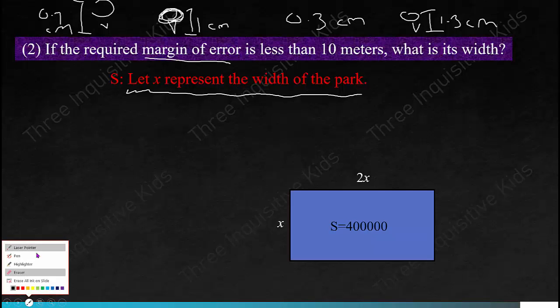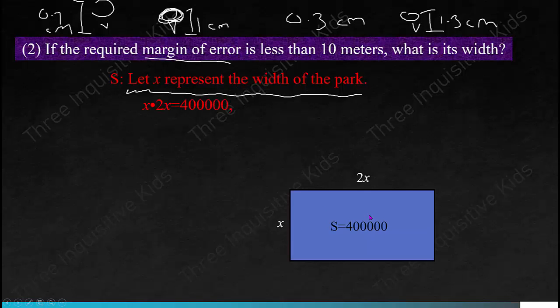Okay, so if we look at this, we can represent the sides as x and 2x. So x times 2x is equal to 400,000, which means 2x squared, remember we are multiplying, you can think of this as x times 2 times x, which is 2x squared, is equal to 400,000.